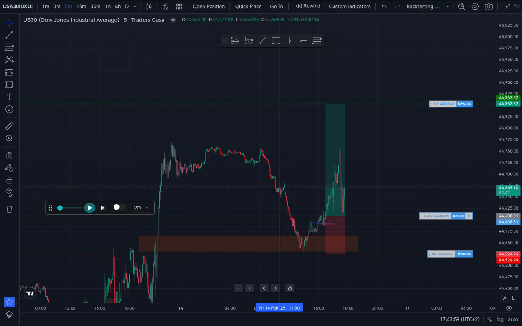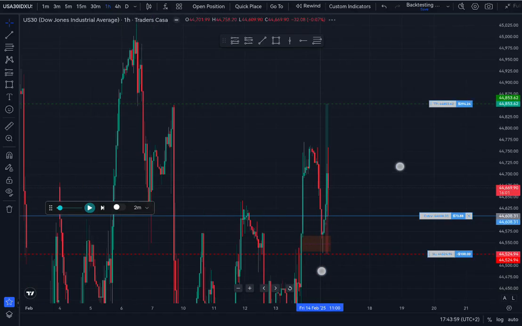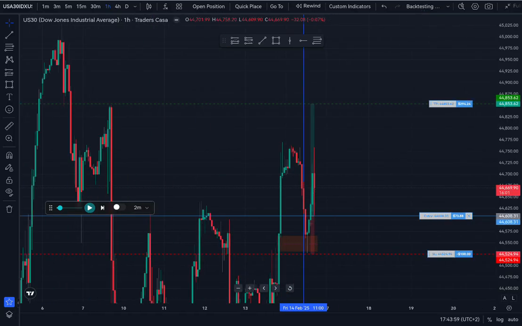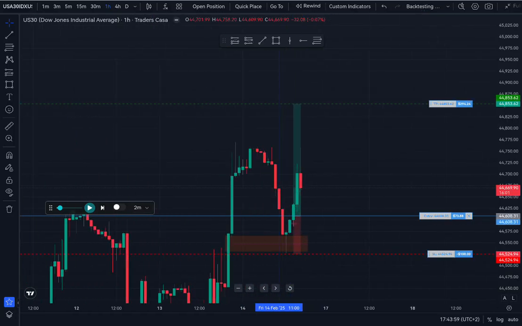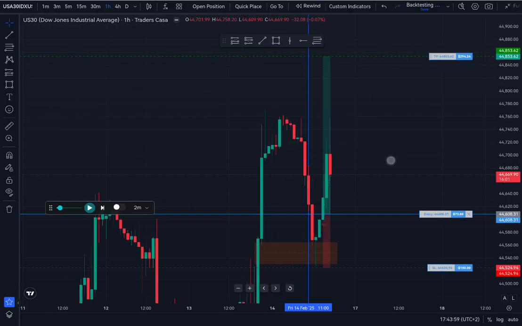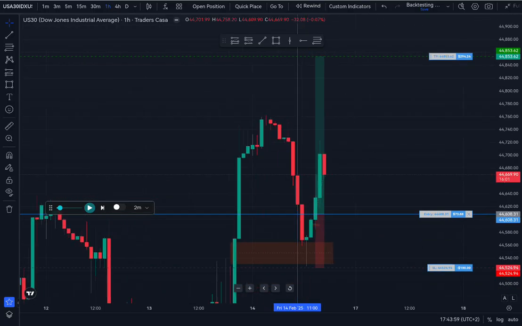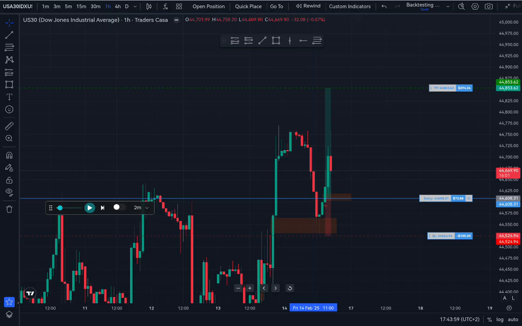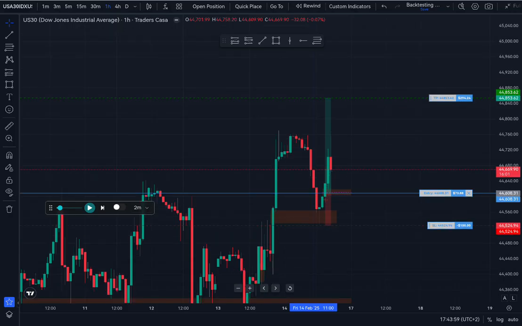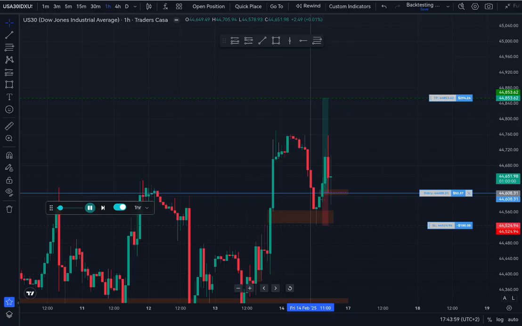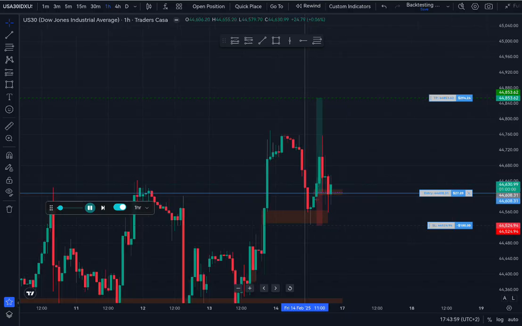Times like this are what usually would start making me wonder what's happening. But on the lower time frame, when you look, you don't see this fair value gap that is on the 1 hour time frame. You see that fair value gap, price came to fill it up, and then now I think we might be pushing back to the upside. So let's watch.